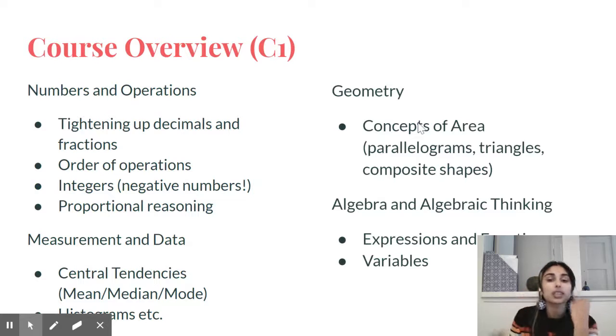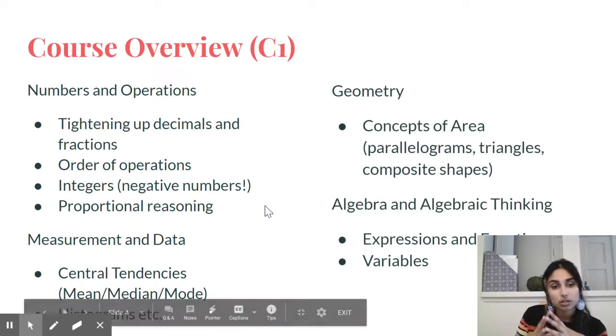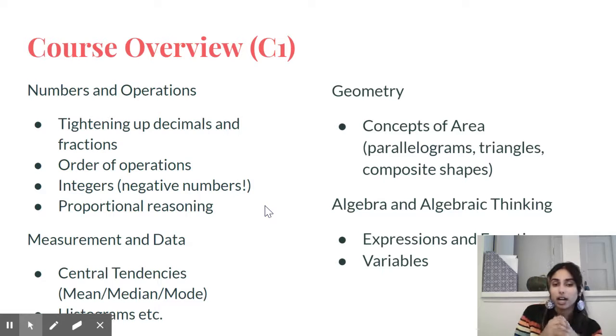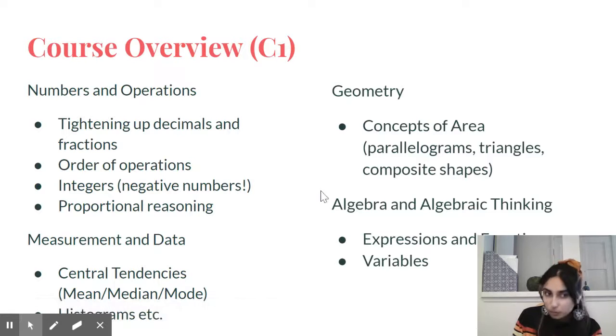And then we'll be moving on to some algebraic thinking. This is the year where we introduce what variables are. We'll also be talking about expressions and equations and how we build those, what is the difference between those.